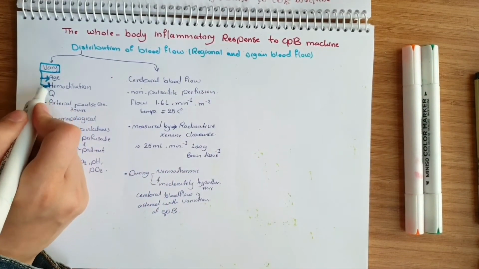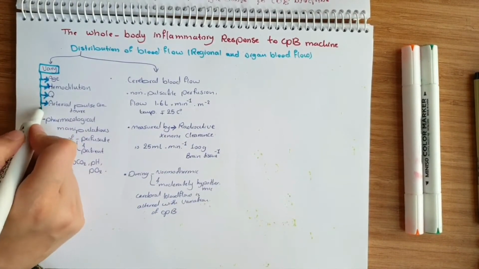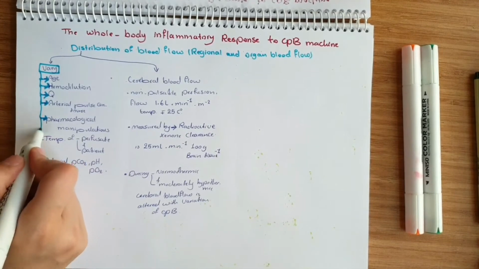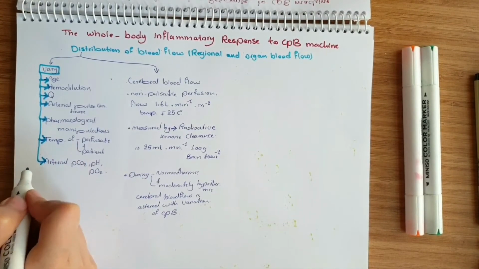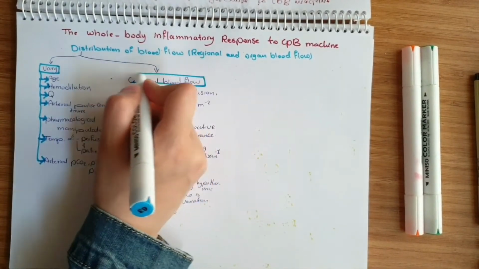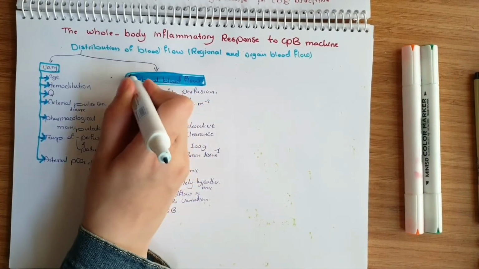Then we have the distribution of blood flow, regional and organ blood flow. Many factors affect it, including the age of the patient, hemodilution, pharmacological manipulation, and temperature. Also, the arterial CO2, O2, and pH level. Then we have the cerebral blood flow.